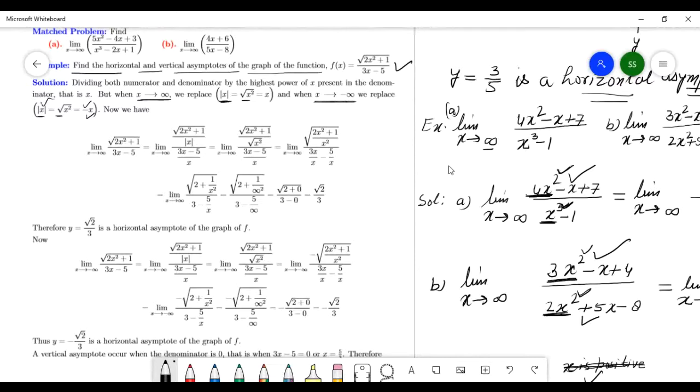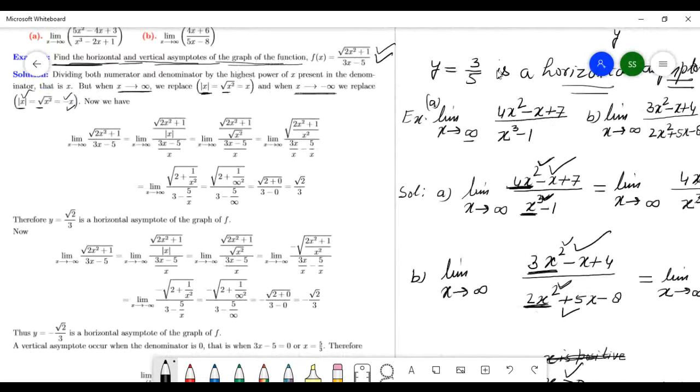Find the horizontal asymptote and vertical asymptote of the graph of this function. What is the meaning?